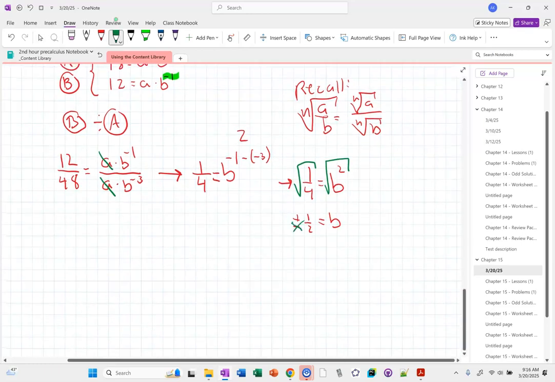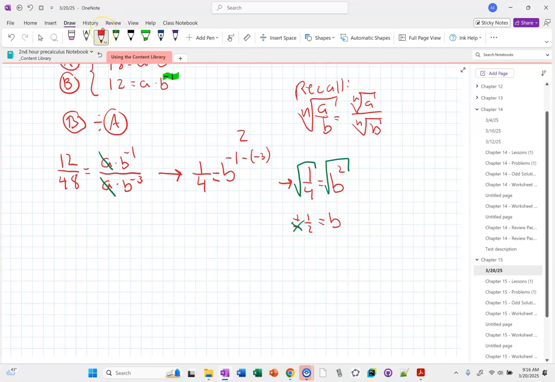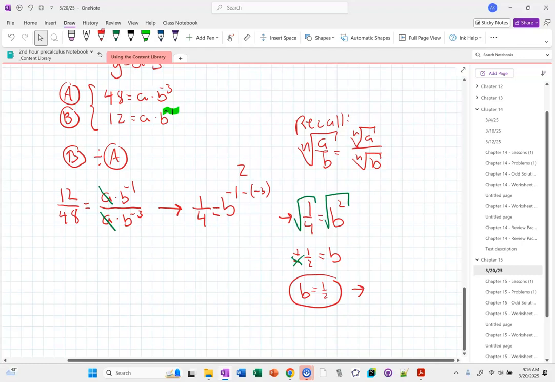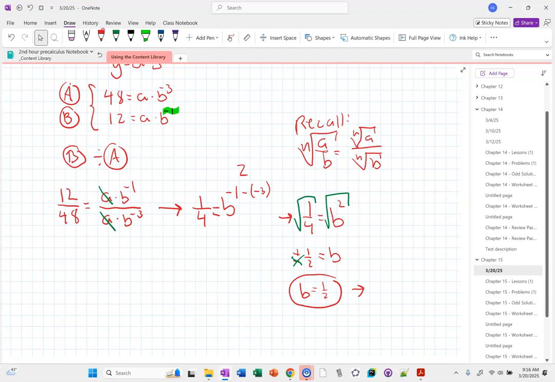We can discard the minus. So now that we have an answer for B, I can plug that back into either A or B. So if I look at the two equations, the one that looks more appealing to me is putting it into equation B, because the exponent on the B is closer to 0 there.